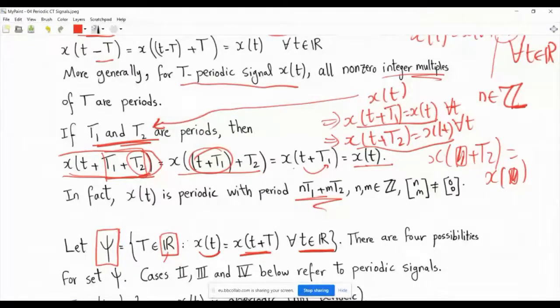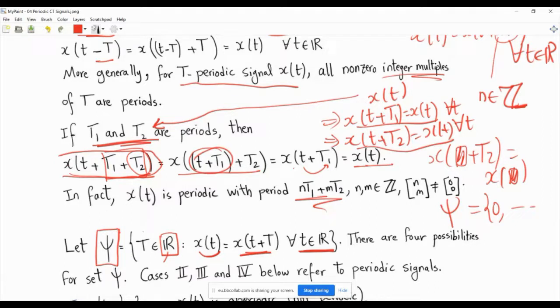So psi is guaranteed to be non-empty because it includes 0. 0 is there in this set psi. Now, psi is the set of big T's for which this equality is true. We have 4 cases. What are the 4 cases?